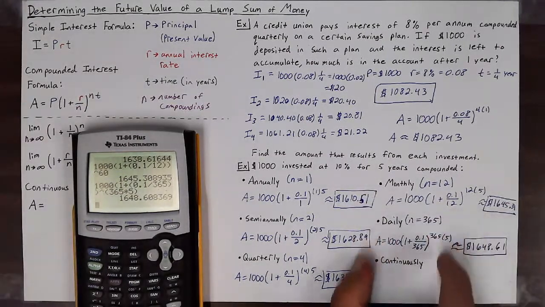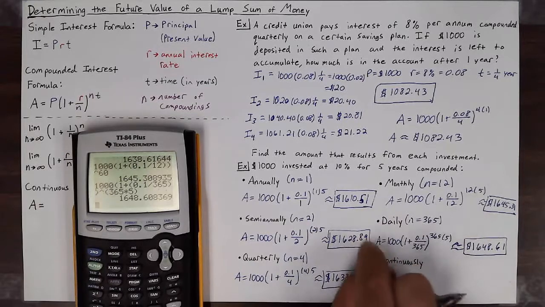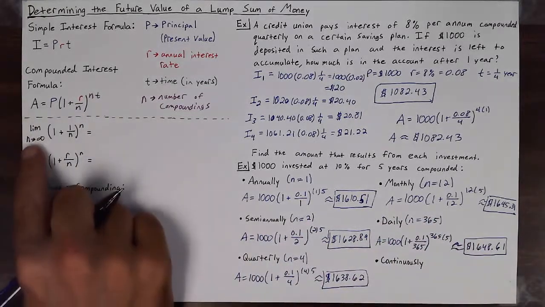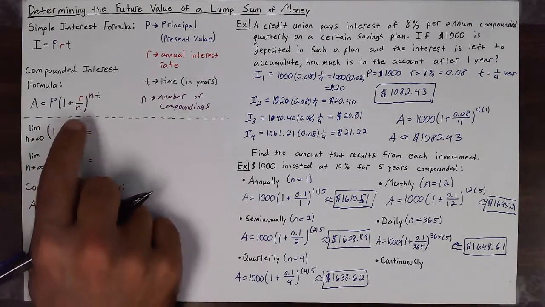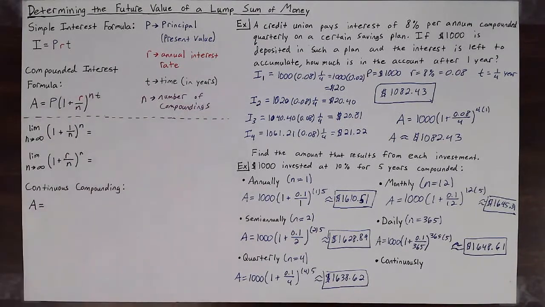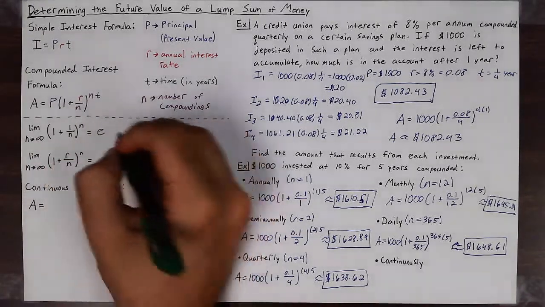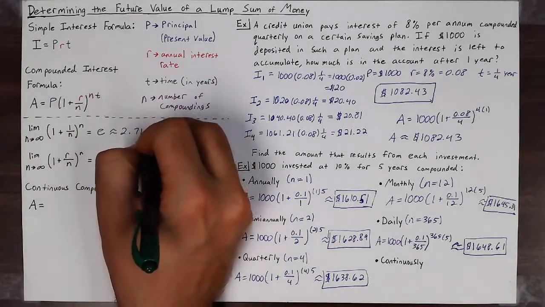So you'll see here it went up by a little more each time, every time I divided up the year. So continuously would mean that n would be essentially infinity. Like every moment of every day, you're constantly compounding. So if I approach this expression 1 plus 1 over n to the n as n goes to infinity, we talked about in a previous lesson that this just equals e, which is approximately 2.71828.